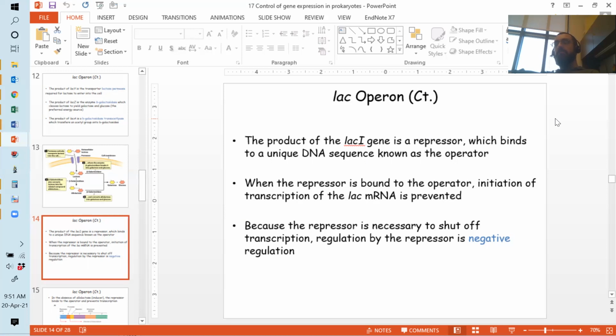So typically in bacteria, you have to turn genes off if you don't need expression. Say a bacterium that's on glucose and not lactose in its environment. You have to physically turn that lac operon off because you don't need the products because there's no lactose around.